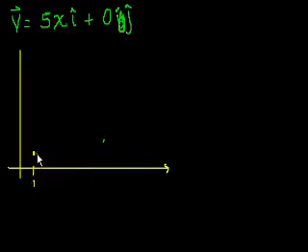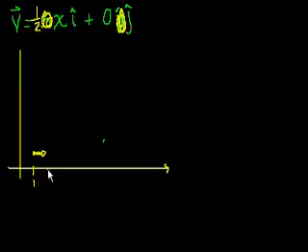It'll be 5, right? Actually, let me make this a different number. Let's make this 1/2 x. So when x is 1, the magnitude of my vector is 1/2, only in the x direction. It has no y component. It's 1/2 x i plus 0 j, or you could just say it's 1/2 x i.